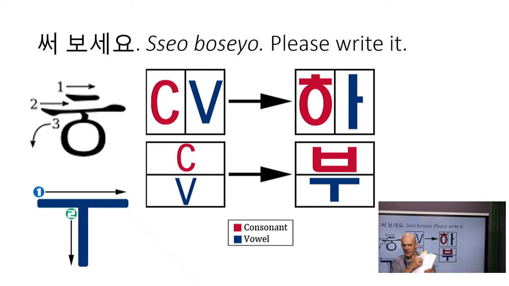You can write your characters into these boxes. Could you try that now, please? So get hold of this boxed or square paper and write in the following characters. So follow along. 써보세요.